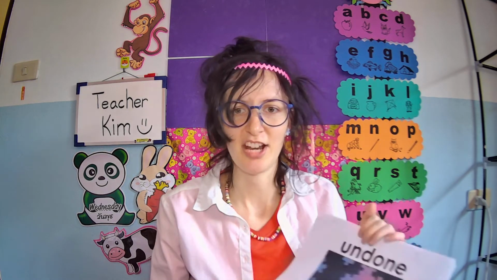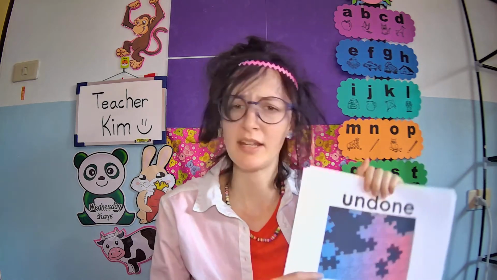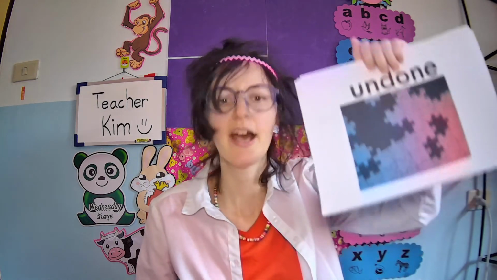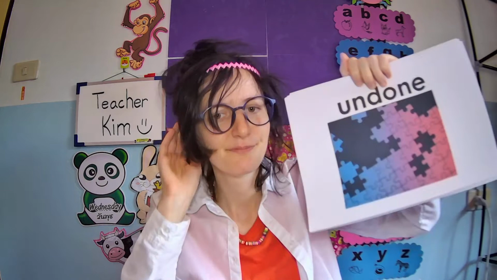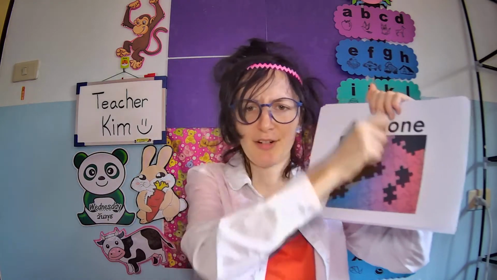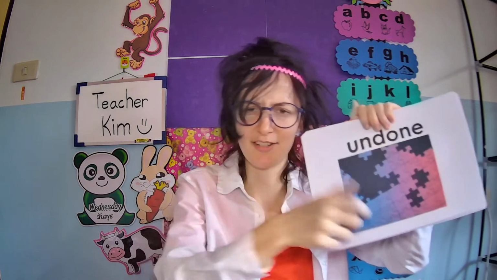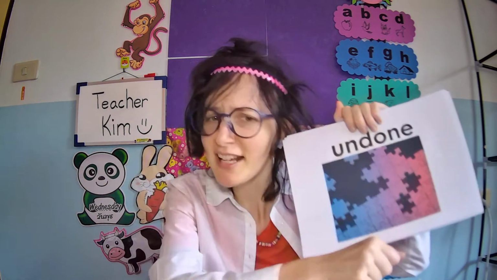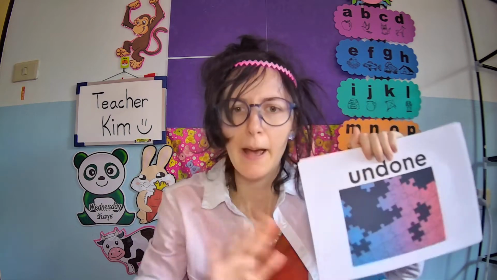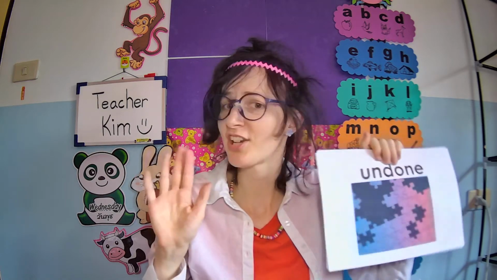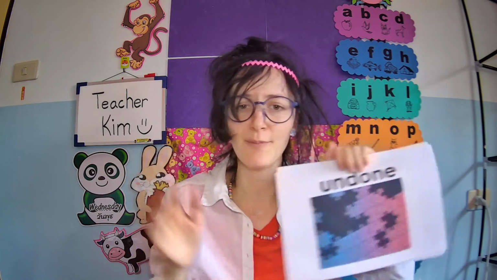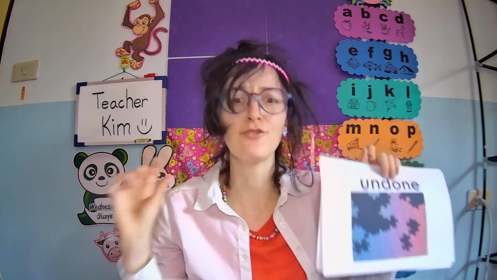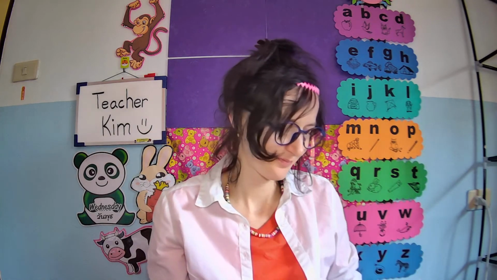Well, the change cannot be undone. Everyone say undone. Here is a puzzle. We are taking the pieces away from the puzzle. It's being undone. That is a physical change because I can put the pieces back. But in a chemical change, no, it cannot be undone. It is a new substance.